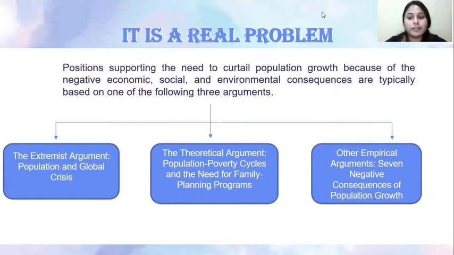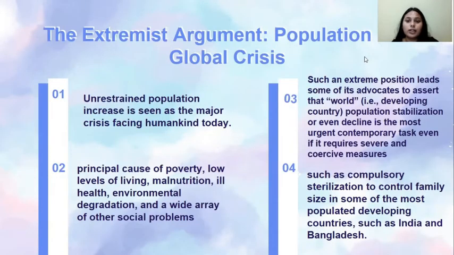There are 7 negative consequences of population growth. The extremist argument, population and global crisis. This unrestrained population increase is seen as the major crisis facing humankind today, and it causes poverty, low levels of living, malnutrition, ill health, environmental degradation, and a wide array of other social problems.